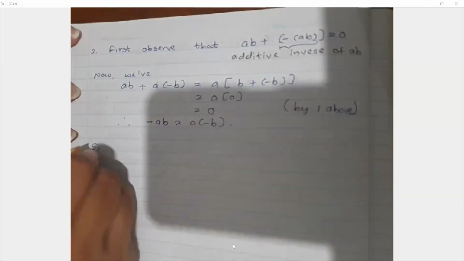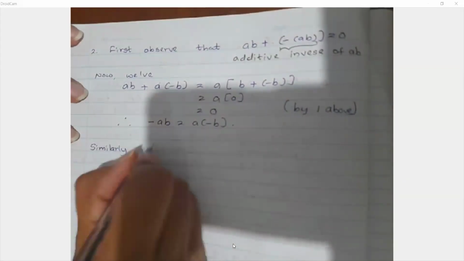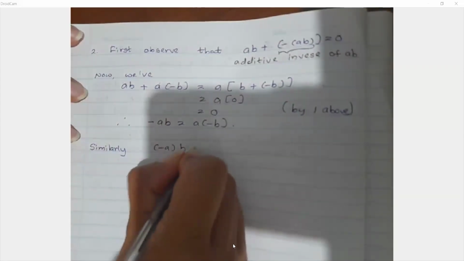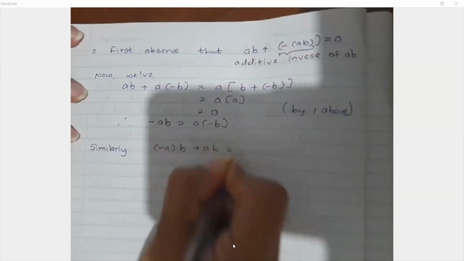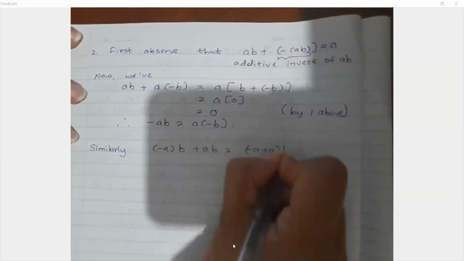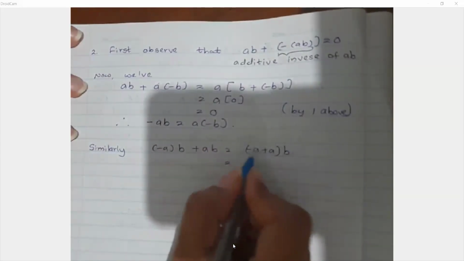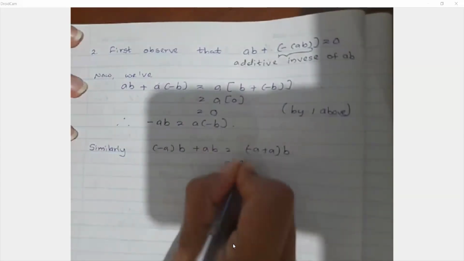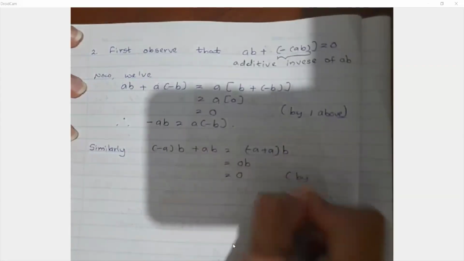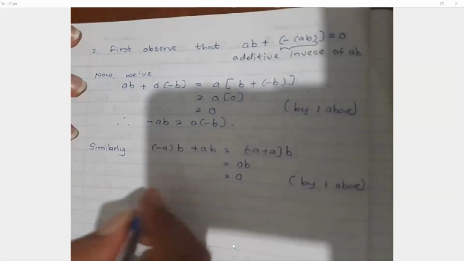Similarly, we can show that negative A times B, to this, we add AB. Factor out B. We have negative A plus A, because negative A is the additive inverse of A. This gives you a 0. 0 times B is 0. Once again, by 1 above, the first one we proved.